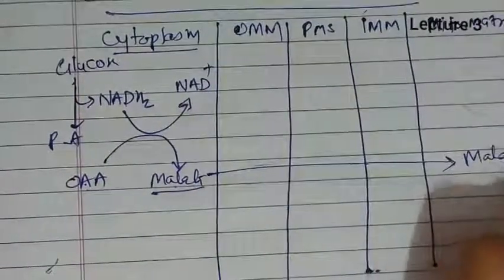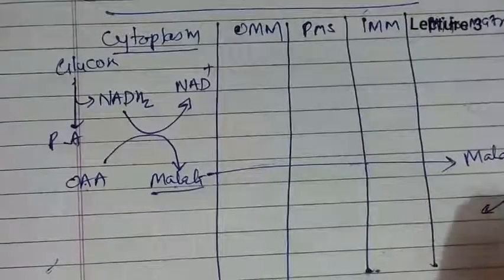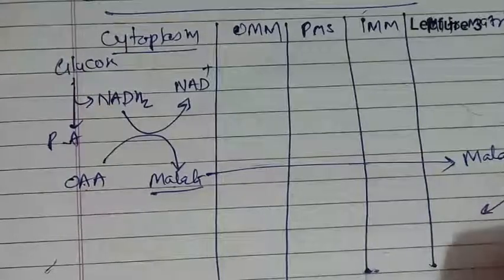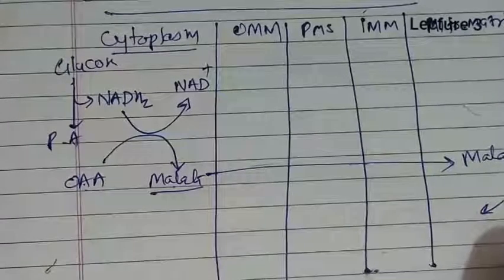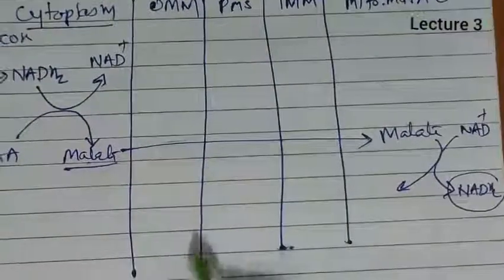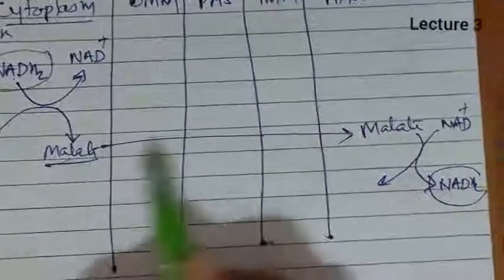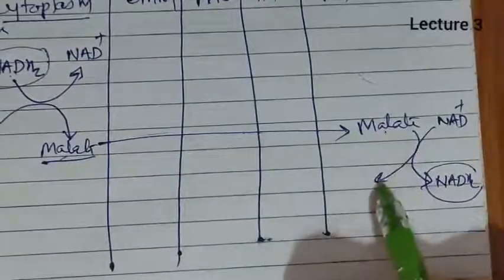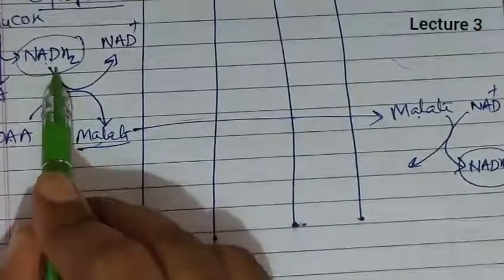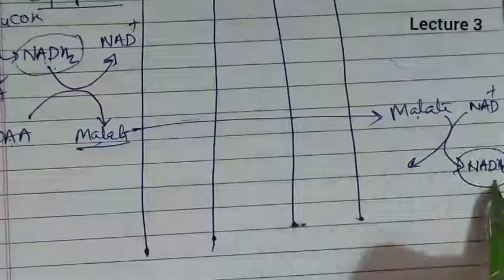Now after reaching the matrix, malate will break again. It will release its H plus, which is received by NAD plus, and that NAD plus will be converted into NADH2 again. So here you can see the NADH2 was broken down and malate was produced; when malate is broken up in the mitochondrial matrix, NADH2 is produced again.